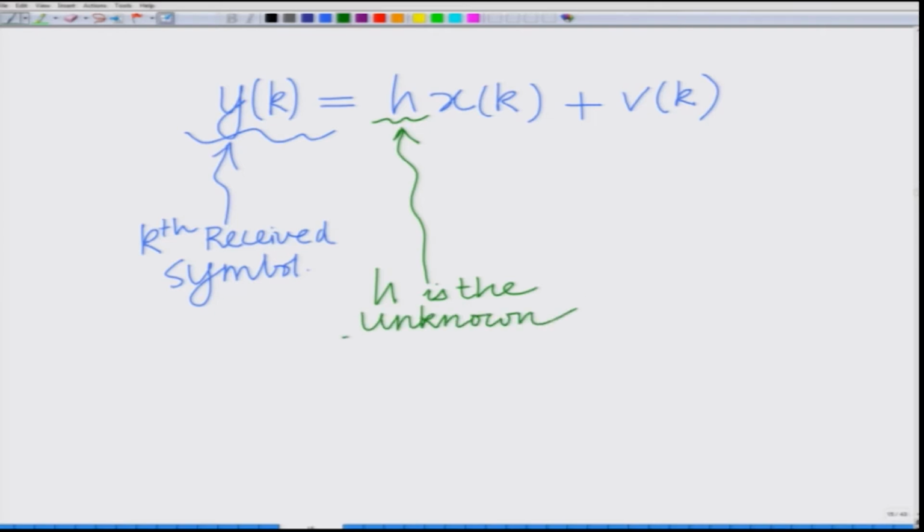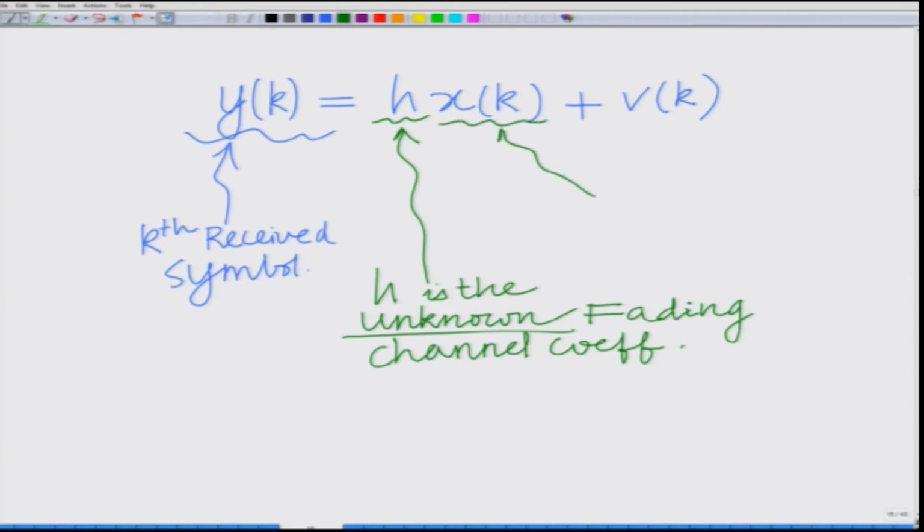This channel coefficient is the unknown fading channel coefficient. xk is the transmitted pilot symbol. I am going to talk more about this shortly.